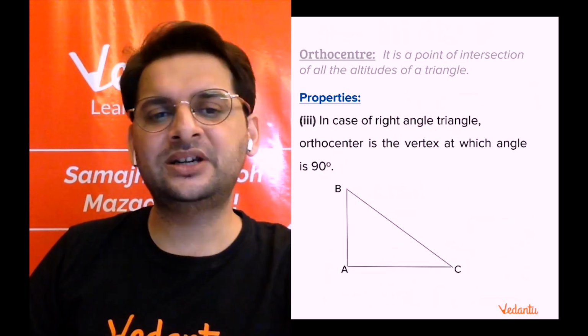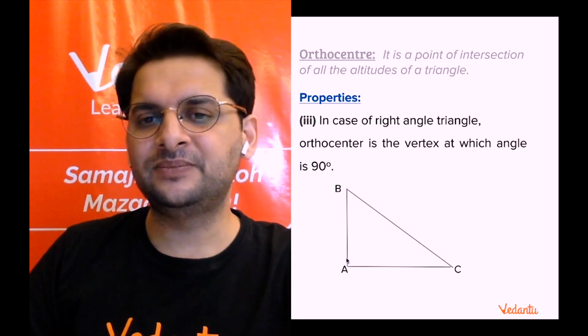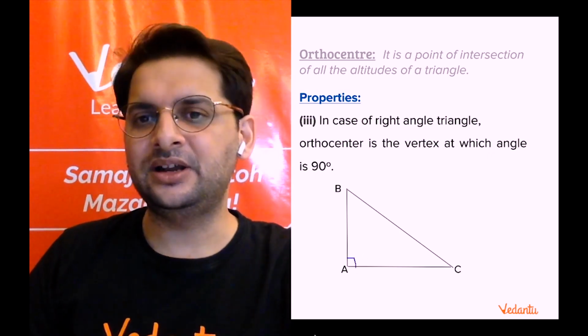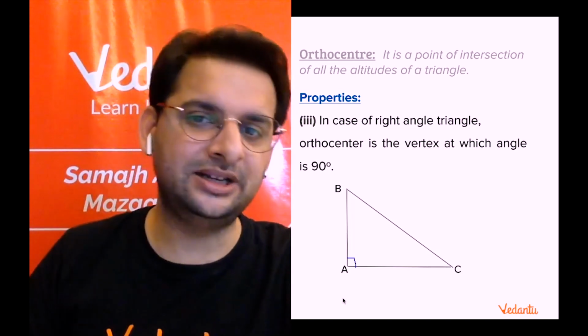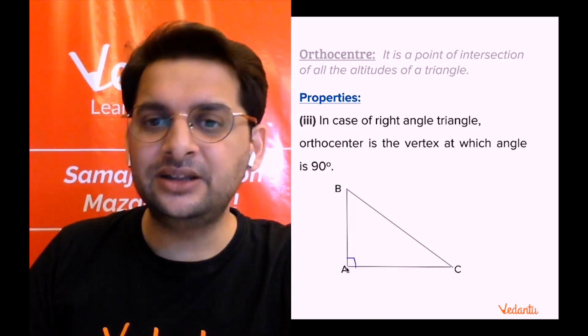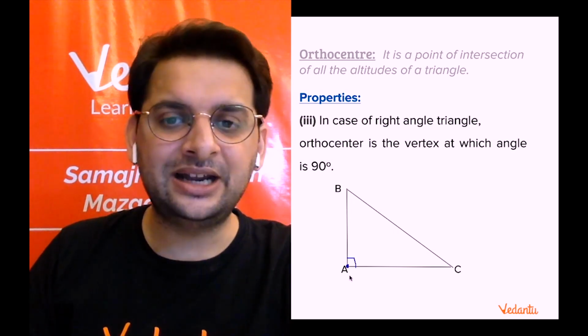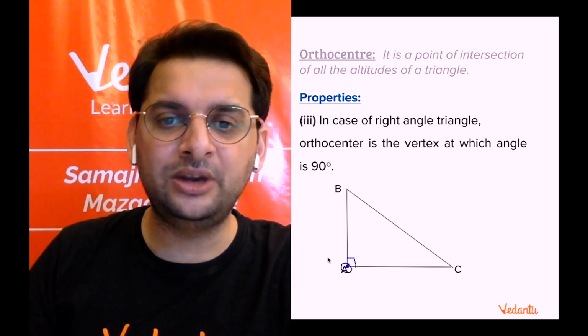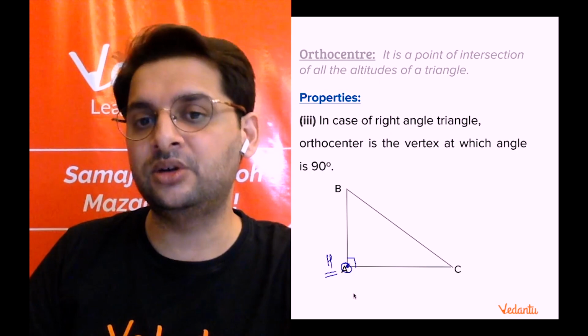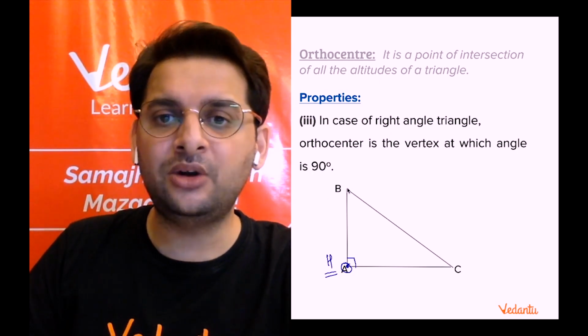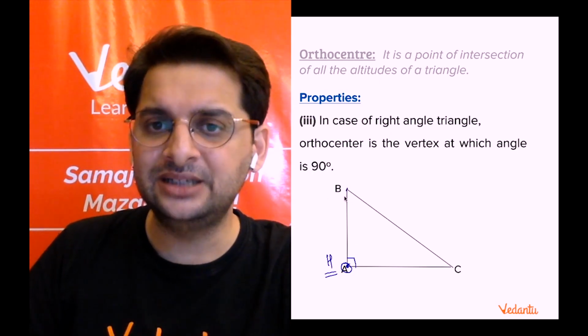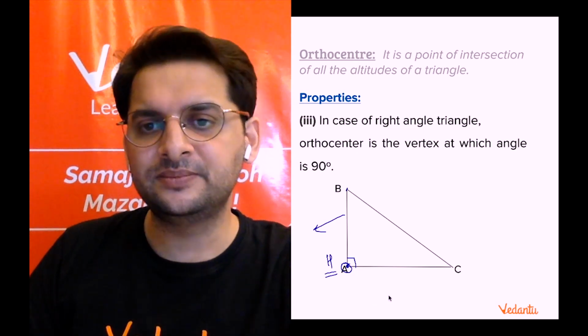So what if the triangle is right angled? Where would be the orthocenter? In a right angle triangle, the orthocenter will be at the point containing the right angle. So if A is a right angle, this is the orthocenter, because if we draw an altitude from B to the opposite side, this will be the altitude.